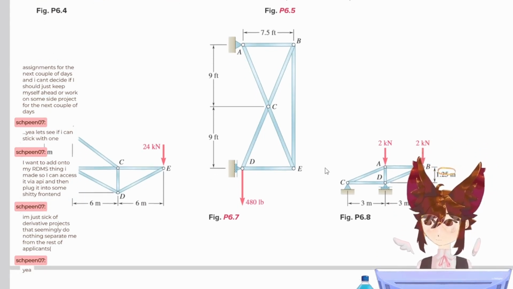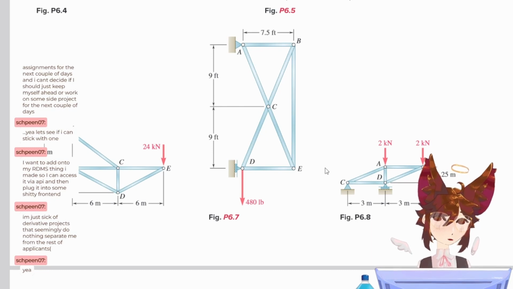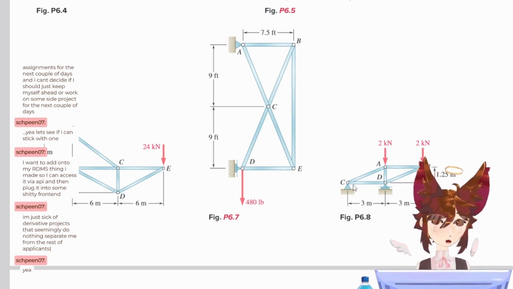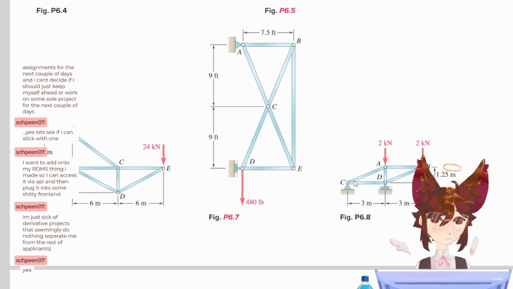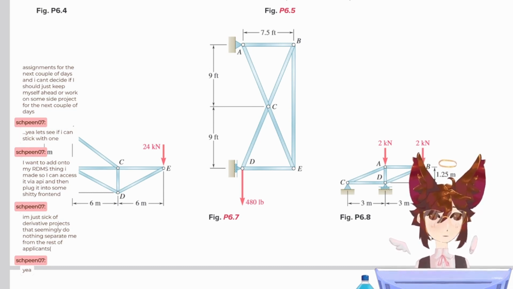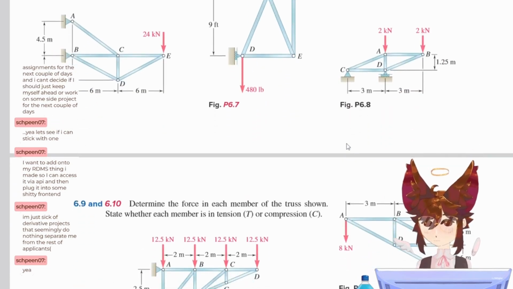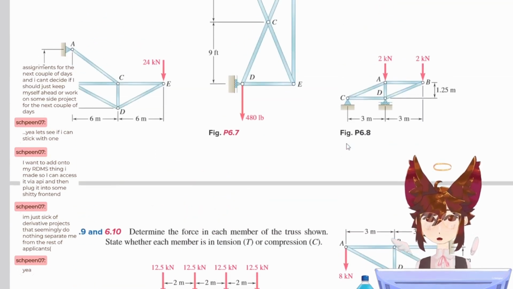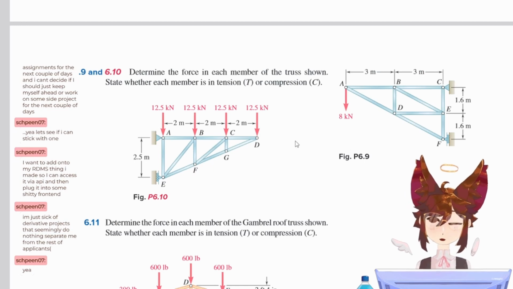Maybe, I wonder if there's a little 0 force member identification game I can play. That'd be fun. Let's see, so C to D, we're going to have stuff this way, that, and that, so that's going to be 3, and not it. This way, that way, yep, that's not going to be 1. B, let's see, there's a force there, so that's not going to be 1. I think it kind of has to have only 2 forces on it as well.